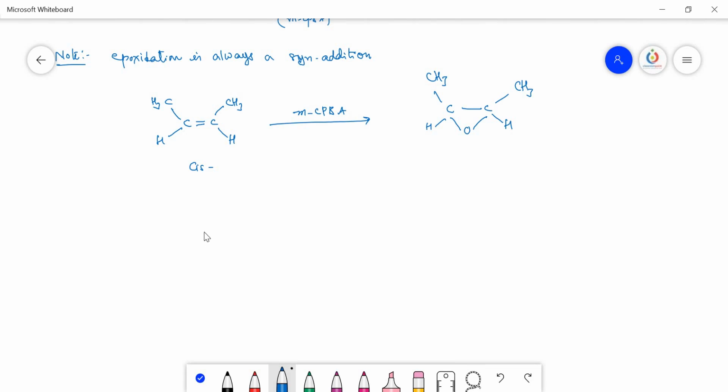So I will take the trans now. Trans molecule with MCPBA. So now you will get the enantiomers.